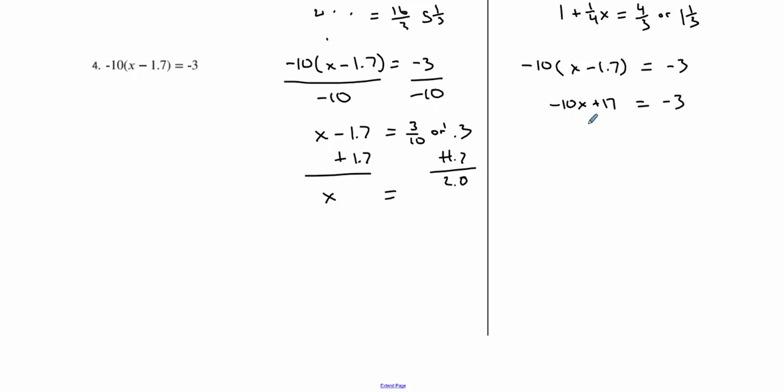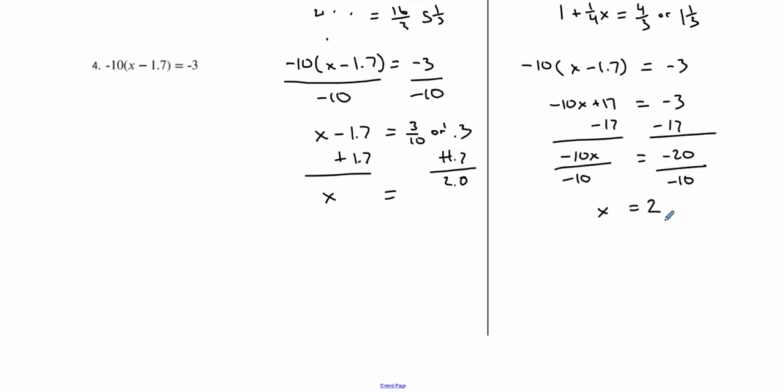Okay. Now I'm going to add 17, or sorry, subtract 17, right? Since I'm adding 17, I'm going to subtract 17. So negative 10x is equal to negative 20. I'm going to divide by negative 10, divide by negative 10, and x is equal to 2.